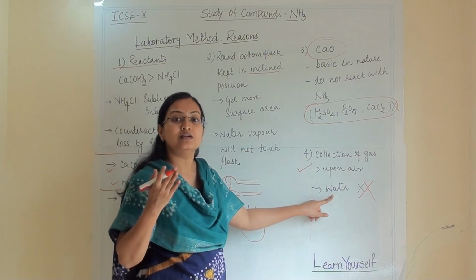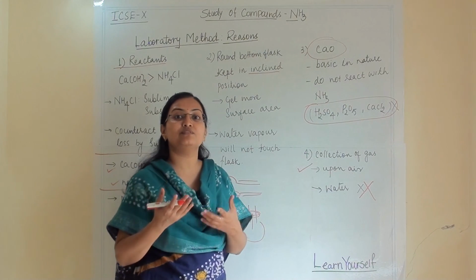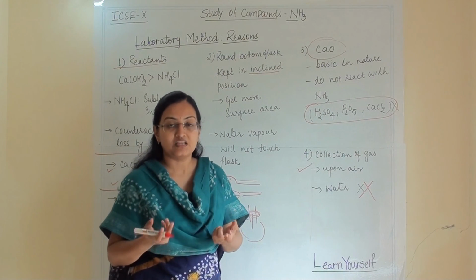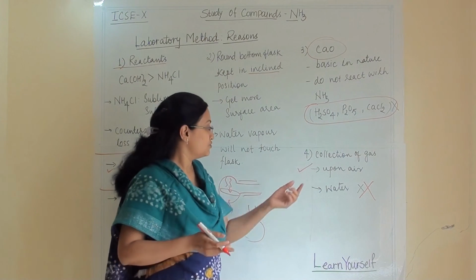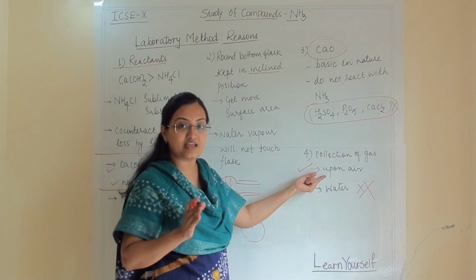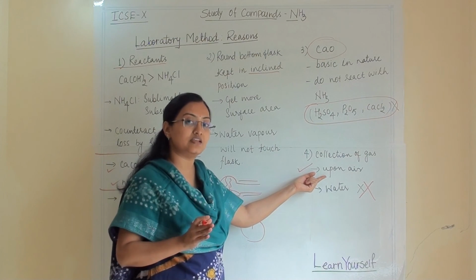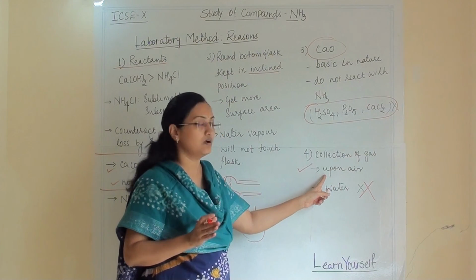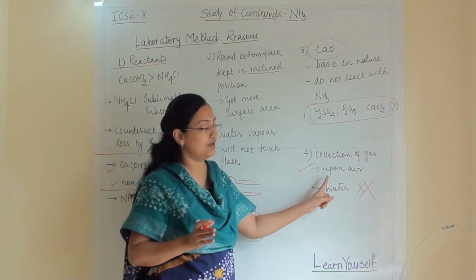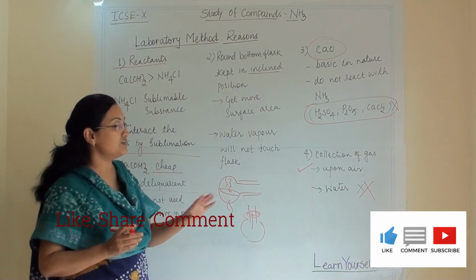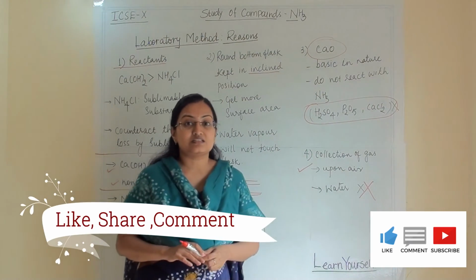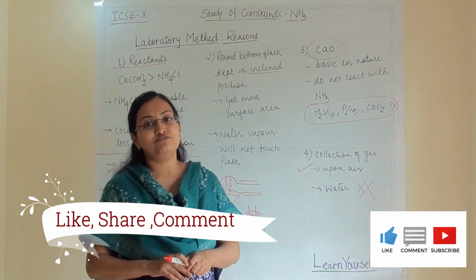If it dissolves in water, then we will get liquor ammonia, liquid ammonia, and not ammonia gas. So we want a pure gas, and it is lighter than air, so we are collecting it over air and not over water. So these are the general reasons for the laboratory method of ammonia.